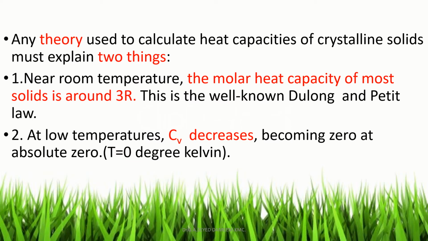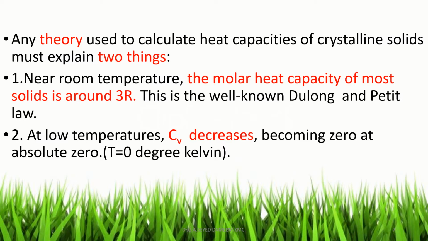Any theory used to calculate heat capacities of crystalline solids must explain two things. One is that near room temperature, at around 298 Kelvin, the molar heat capacity of most solids is around 3R. That is the Dulong-Petit law. Another is that at low temperature, Cv decreases and becomes zero at absolute zero temperature.